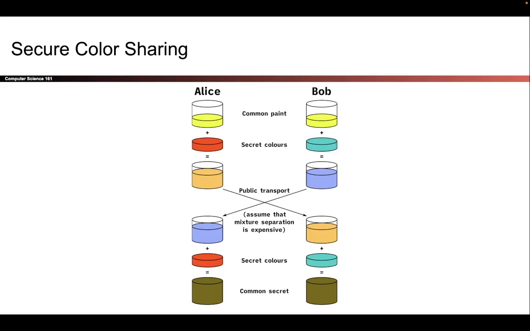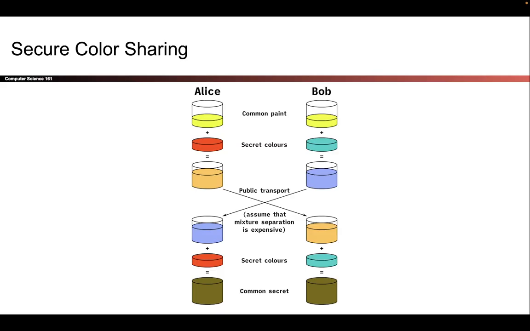If you mix teal and yellow, I guess you get blue, and Bob is going to send blue over the channel to Alice. And now, once Alice has the disguised version of Bob's secret, she can mix in her own secret, and the result is a mix of red, which is her half, and teal, which is Bob's half, and yellow, which Bob mixed into his half, to get that common secret, which is some gross looking color, but it's a secret. And Bob will do the same thing.